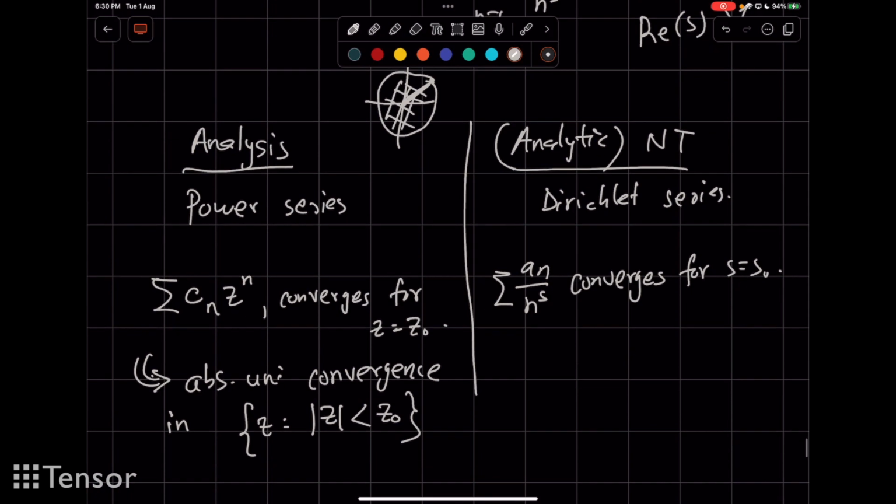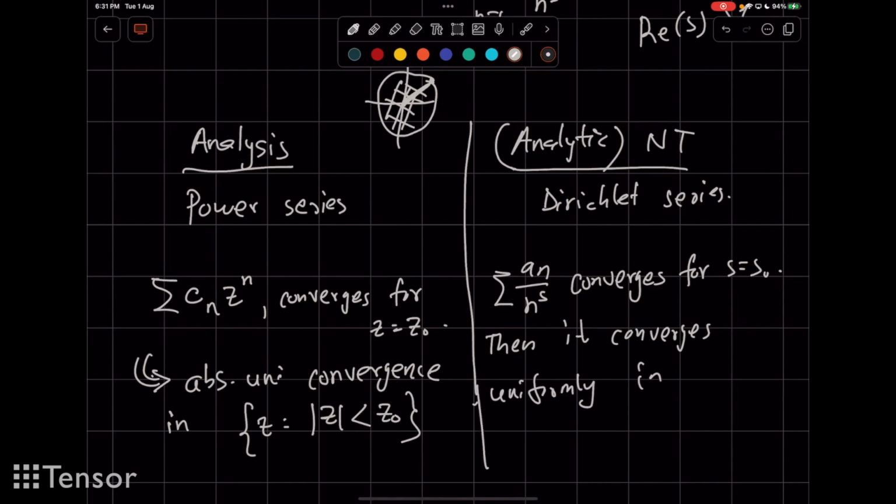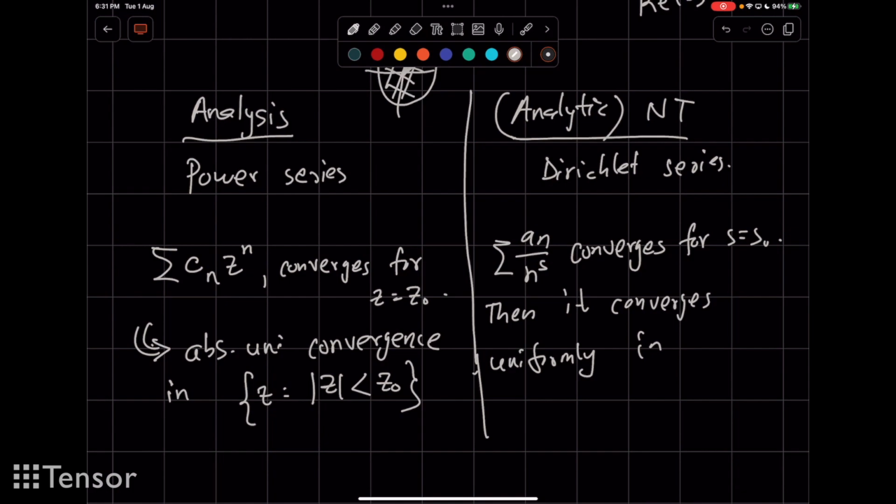Then it converges uniformly in the following subset of the complex plane, that is, s such that the real part of s is at least the real part of s naught.